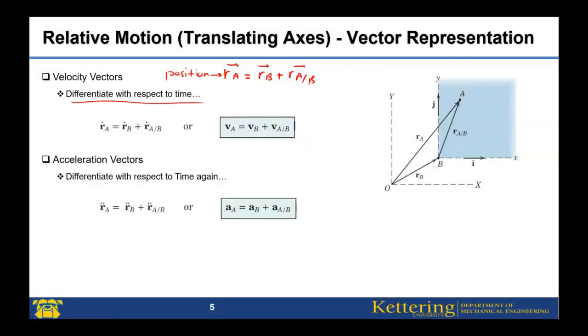If I differentiate with respect to time, the derivative of RA with respect to time will be VA. The derivative of RB with respect to time will be VB. And the derivative of RA with respect to B with respect to time is VA with respect to B.